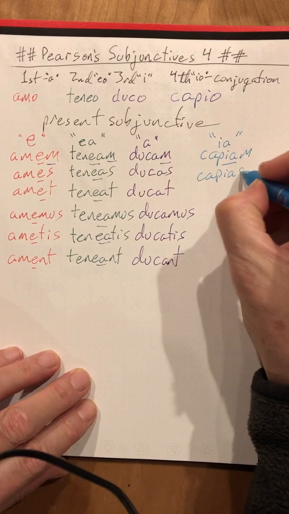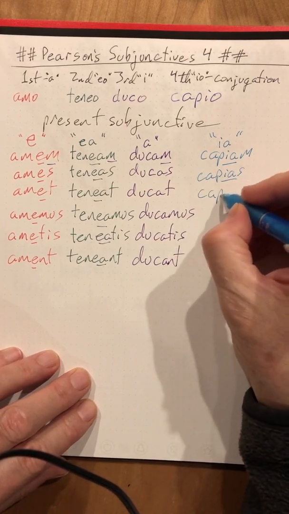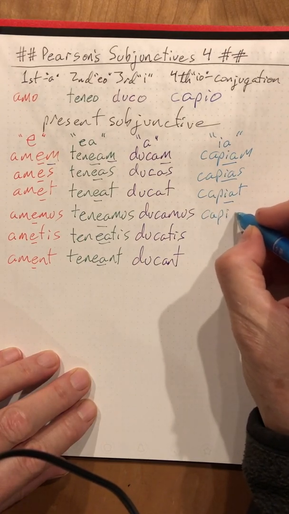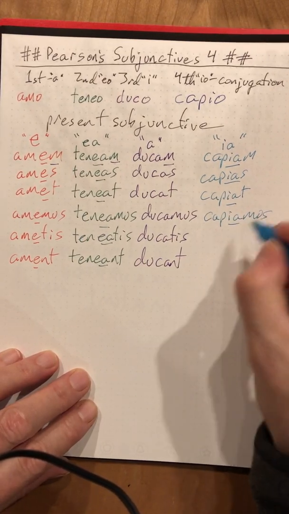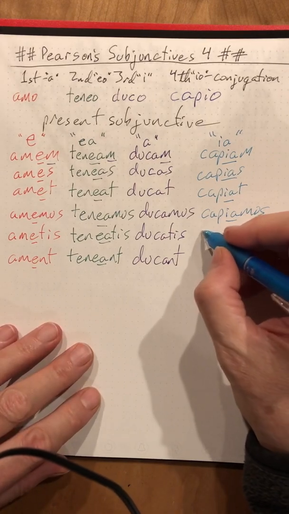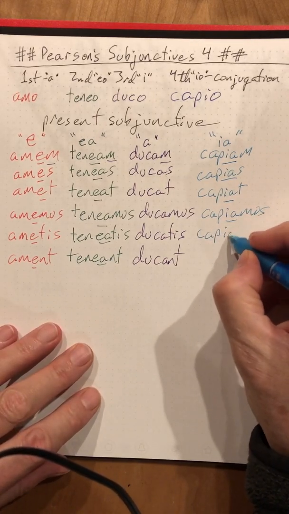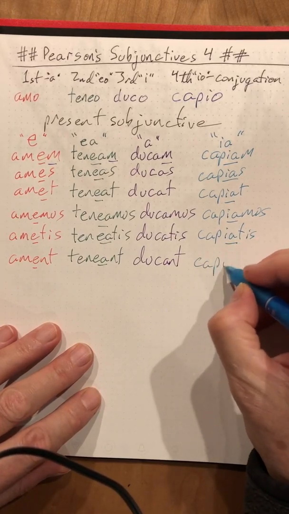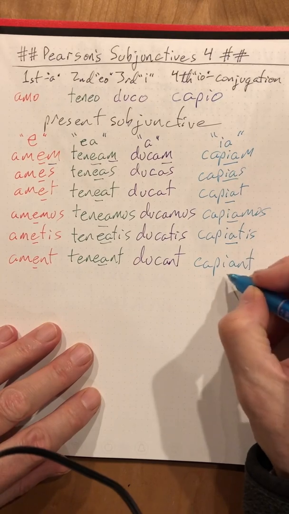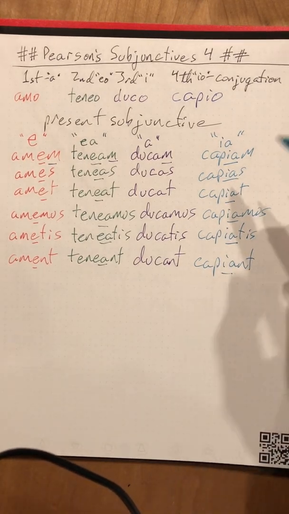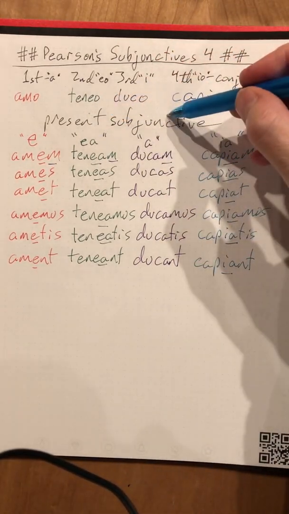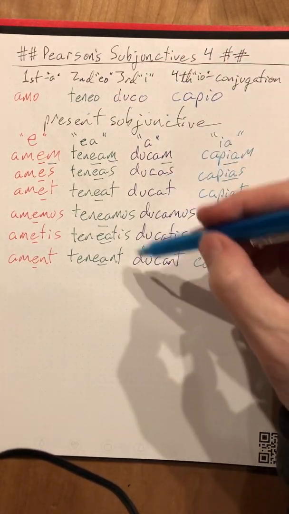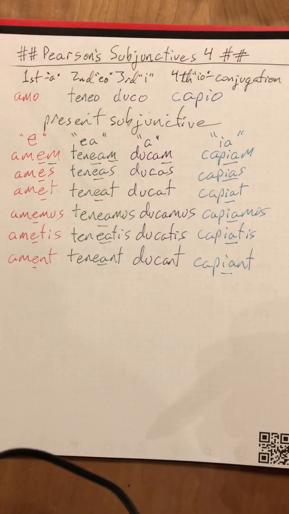Capias, capiat, capiamus, capiatis, capiant. So I'm just showing you the forms of the present subjunctive, and they depend on these vowel changes to make things work.